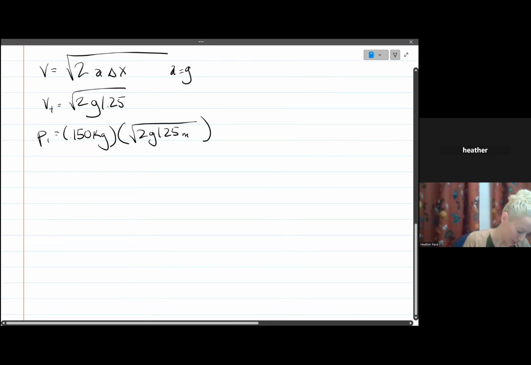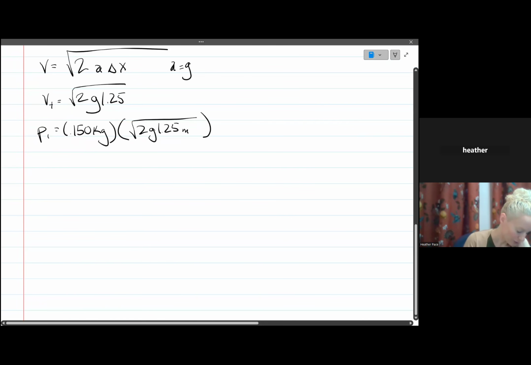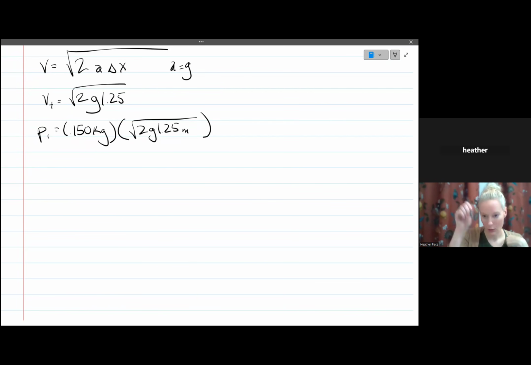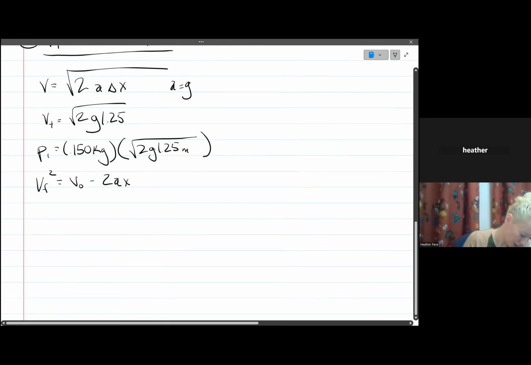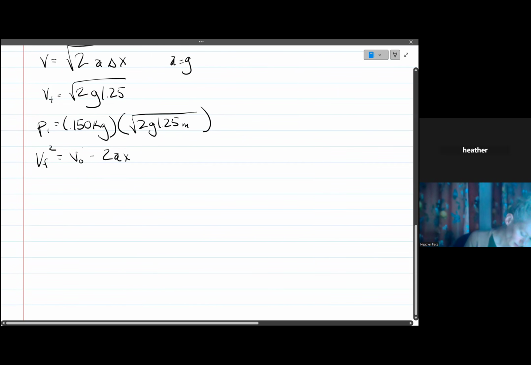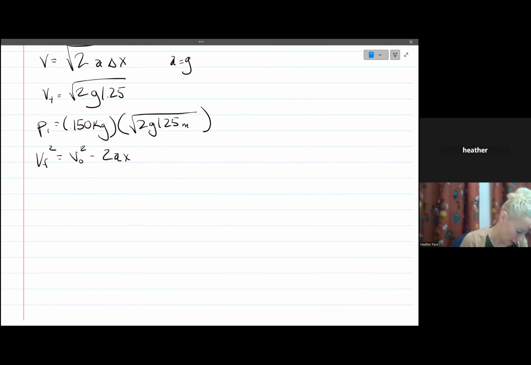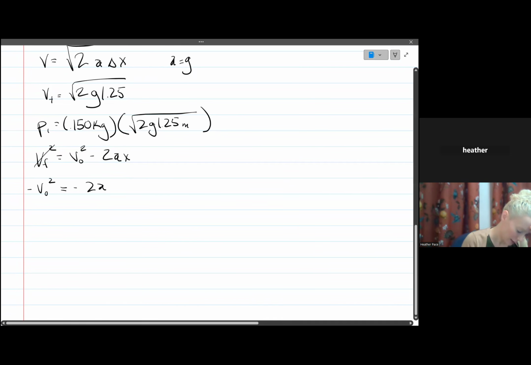Let's find out what P2 is. Okay, so we have the opposite of the down. So we're going to have this again. This is minus. Sorry, I wrote it wrong. Okay. Oops, sorry, my lights have gone off. So we have this now as 0. So now we have negative v naught squared equals negative 2a delta x.